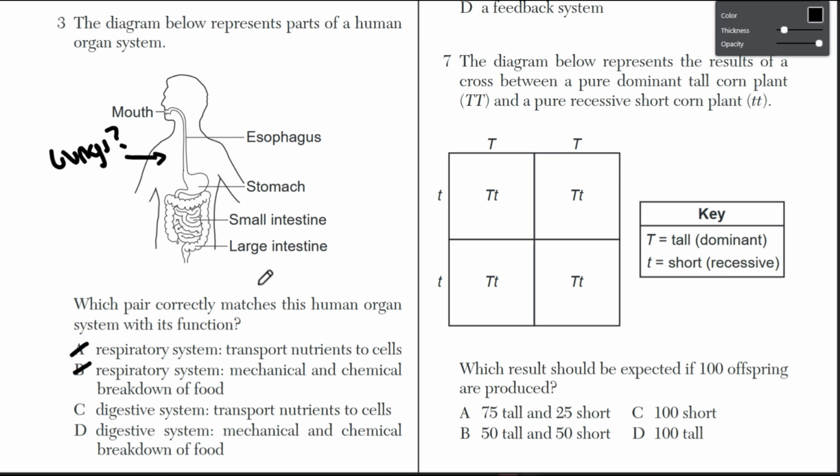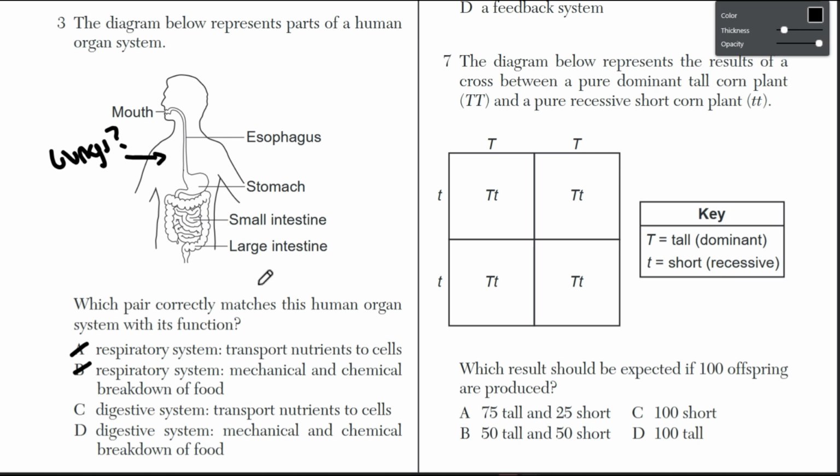So this is now a 50-50 chance if we don't know. But let's see what the differences are. So we have transport nutrients to cells, and we have mechanical and chemical breakdown of food. And it's asking us which pair correctly matches this human organ system with its function.